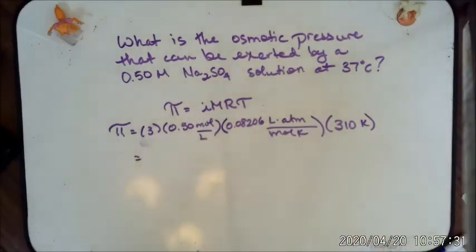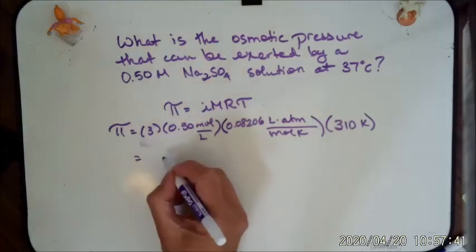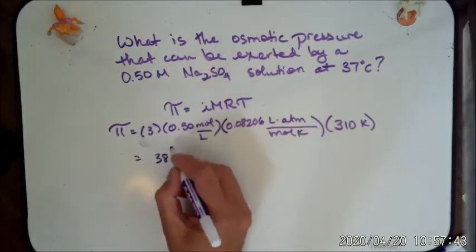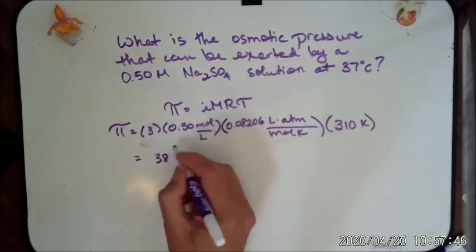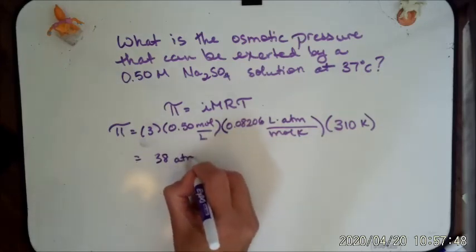Let me erase this, I apologize. So what we get for our osmotic pressure is 38 atmospheres.